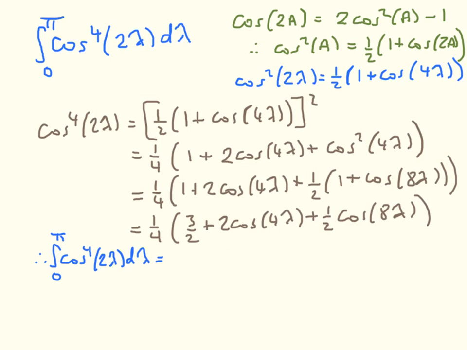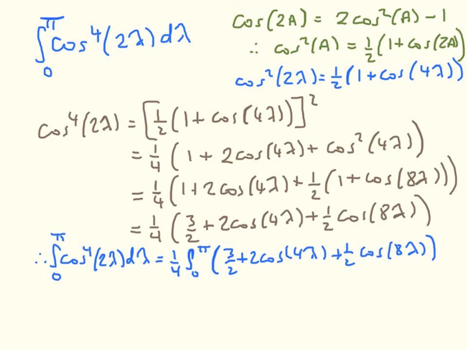The factor of 1/4 can come out, so it's 1/4 times the integral from 0 to pi of 3/2 plus 2 cos 4 lambda plus 1/2 cos of 8 lambda, integrated with respect to lambda.